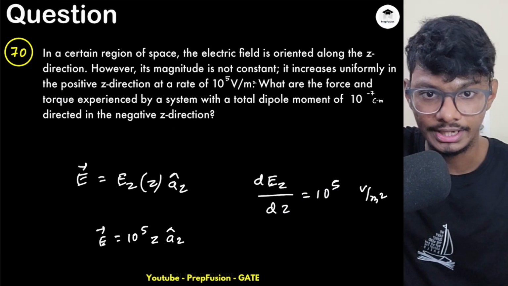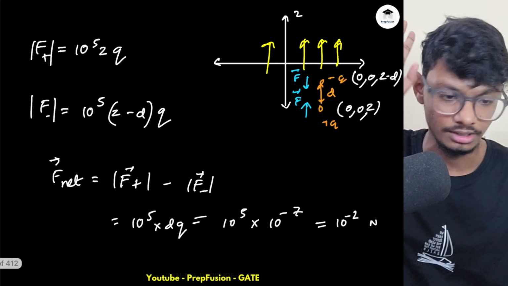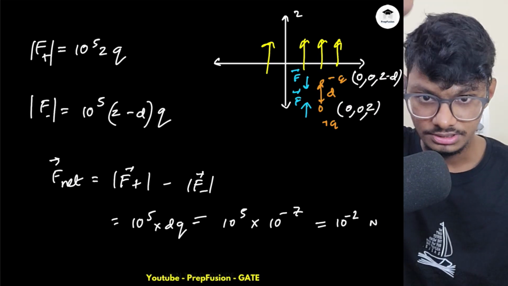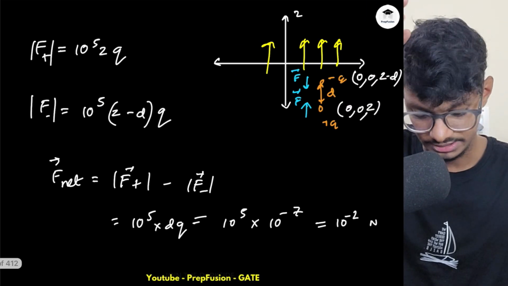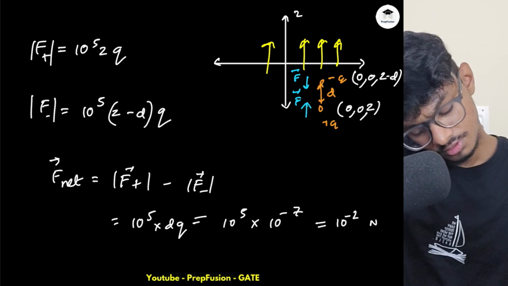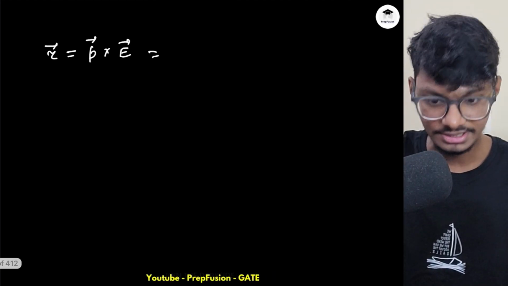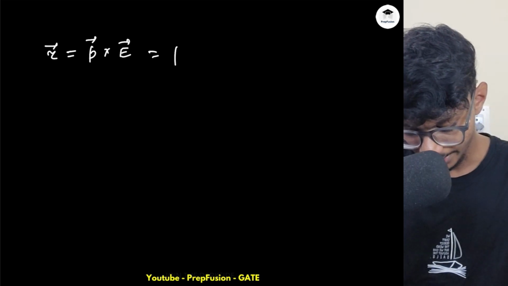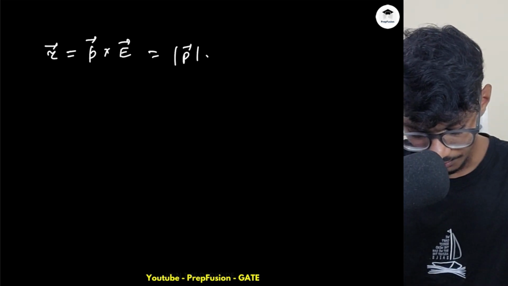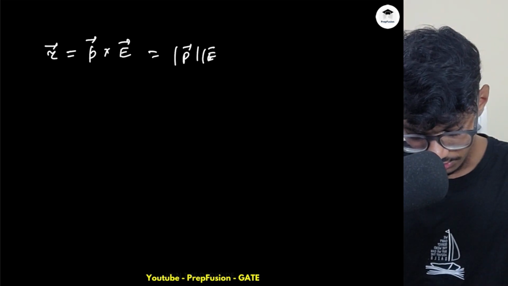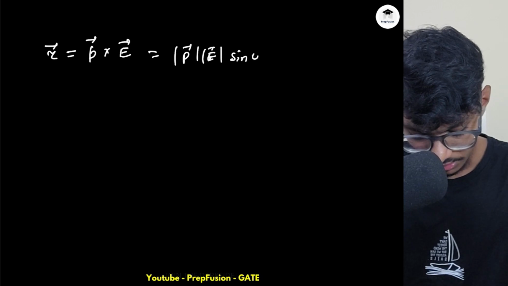So if it is in the negative z direction, obviously it is along the z axis only. So xy can be present, but what I can say is it will be magnitude of P, magnitude of E, sine theta.